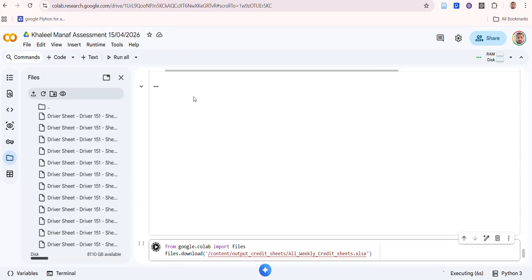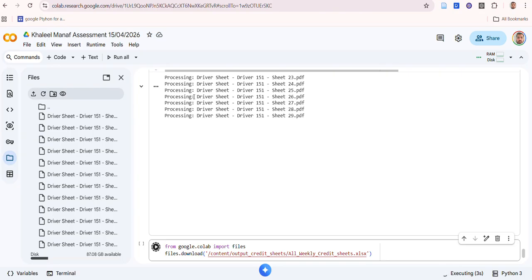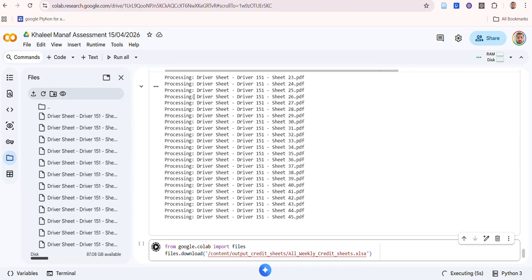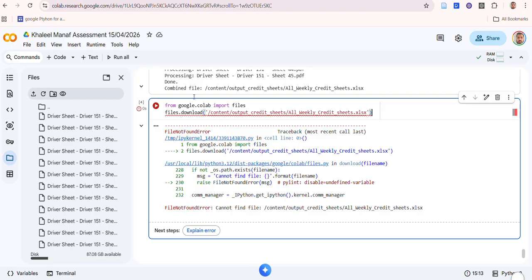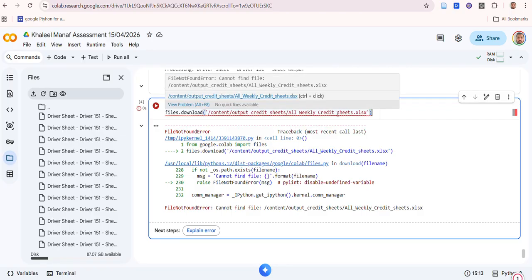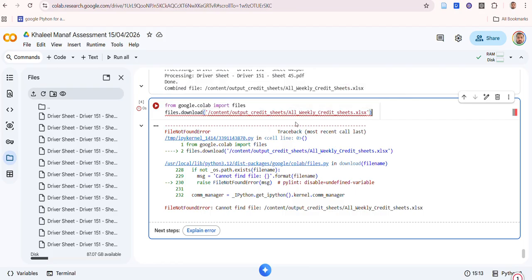Let me just keep an eye on it. Hopefully there'll be no problems with the code. It looks fine, running. Something went wrong. I think I know. What was that?